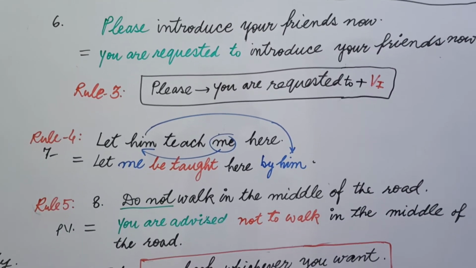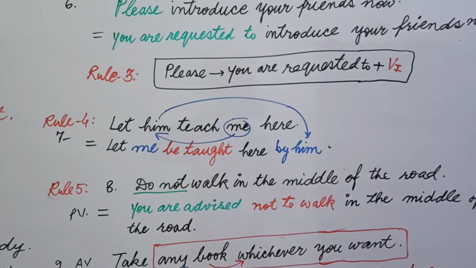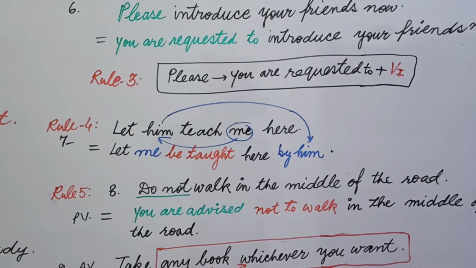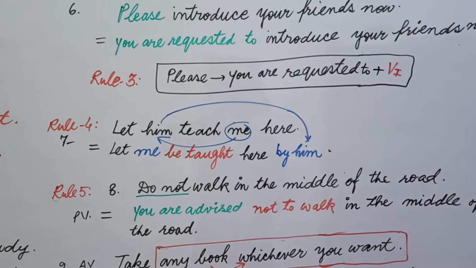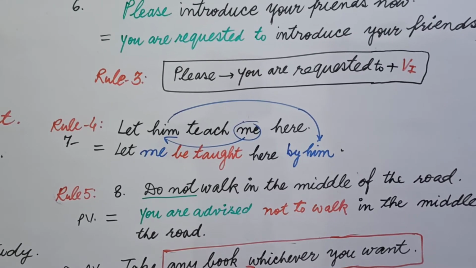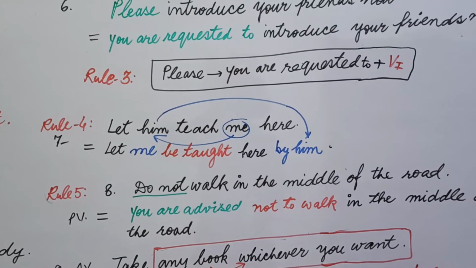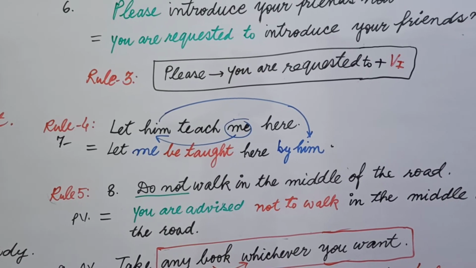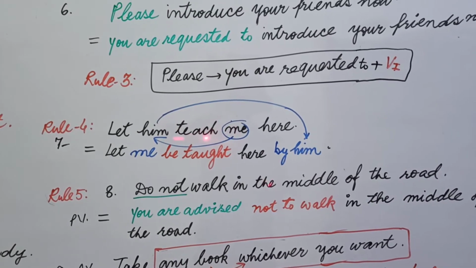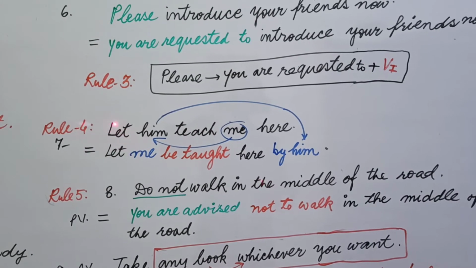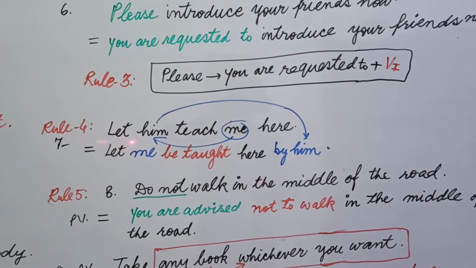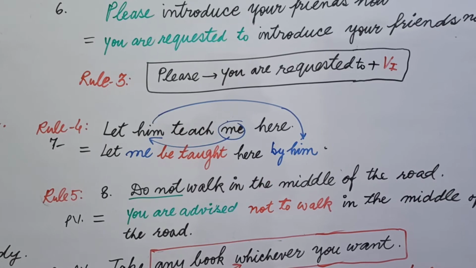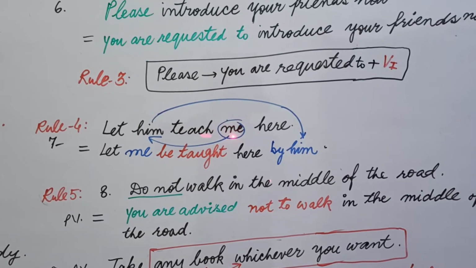In rule number 4, you see let is written in the beginning, and it may puzzle you that this is passive voice. No sentence is passive voice without having a third form in it, and there is a first form, teach. Let is in itself a first form of the verb, then him, then another verb, then an objective case pronoun.